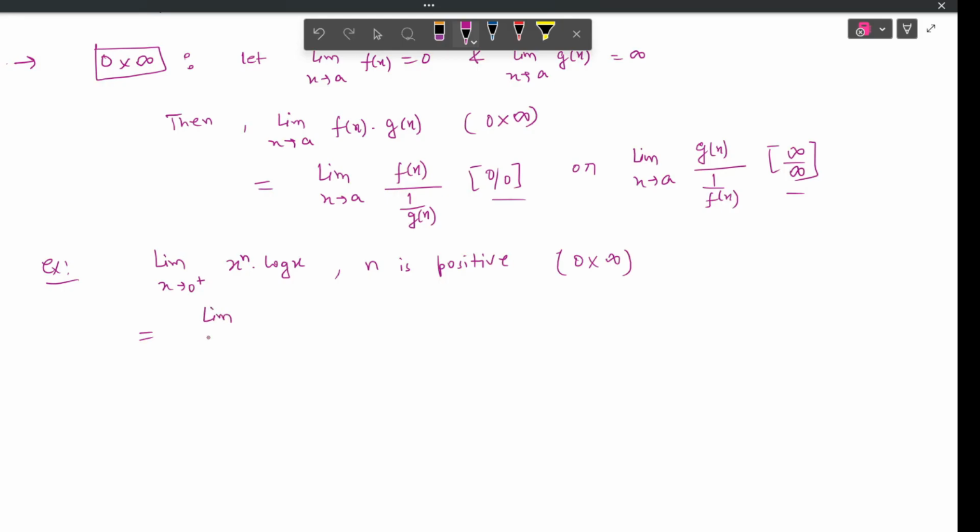So let us say limit x tends to 0 plus, we can write log of x by 1 by x to the power n, since x to the power n is 1 by x to the power minus n. See, 1 by 0 is infinite, log of 0 is infinite.